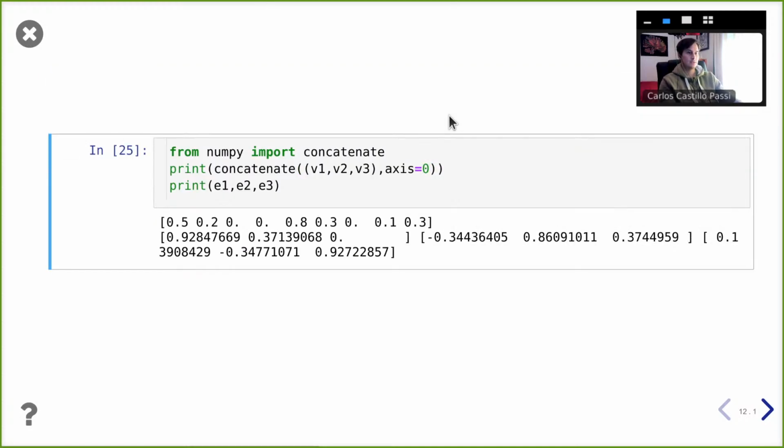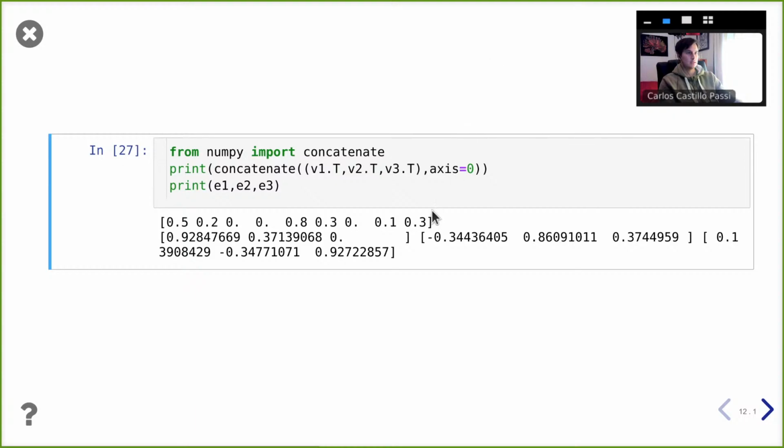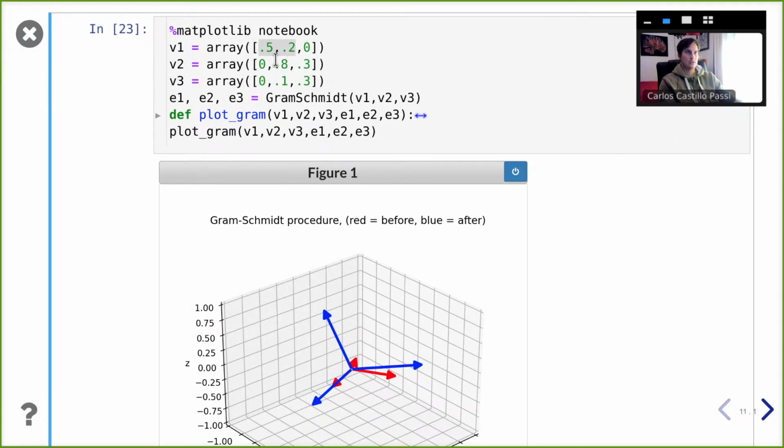No, it's not that. Maybe if I do the transpose, and then I do this. Let me go back to when I define the vectors.